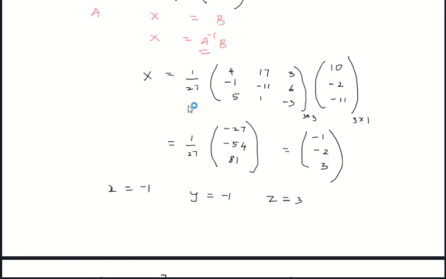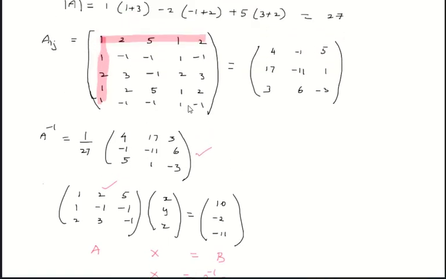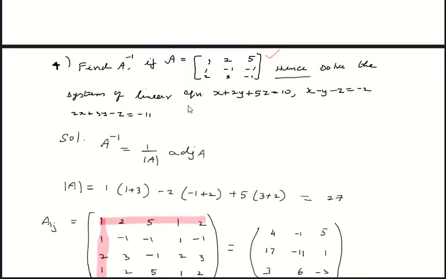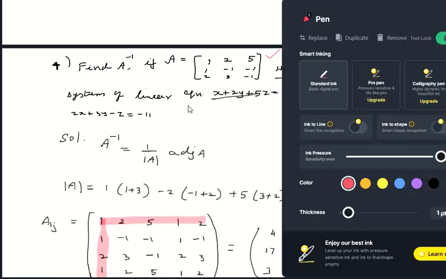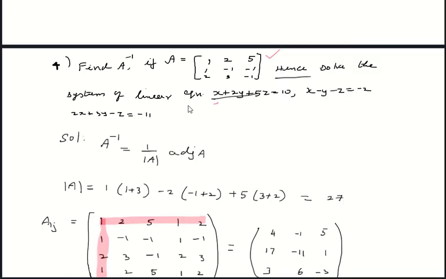I didn't find A inverse again because in this question, the coefficients of x, y, z in each equation and the given A matrix are the same. Just verify. So here see 1, 2, 5. 1, 2, 5. 1, negative 1, negative 1. 2, 3, negative 1.